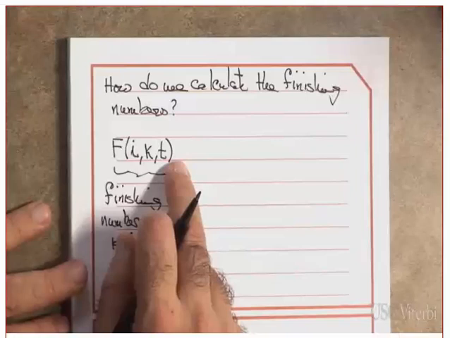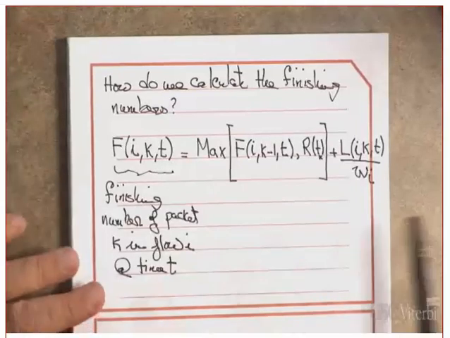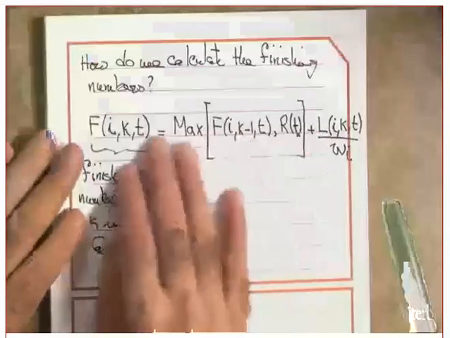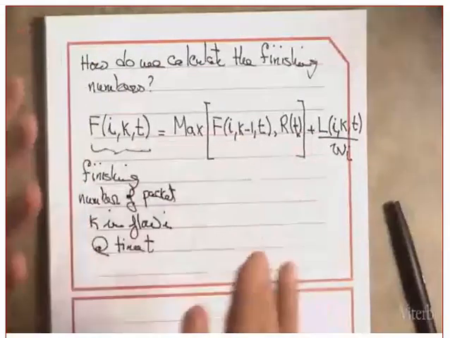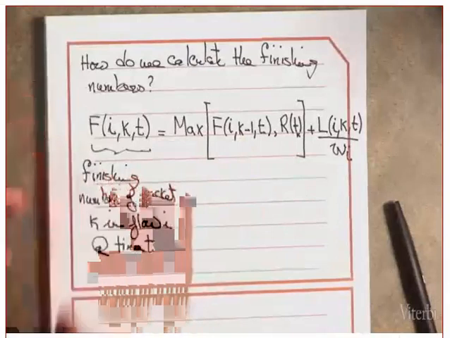Number of active flows means those flows whose buffer has something in them. Clear? He is going to guarantee at least that each will get C over N share of the available capacity. Clear? Okay.